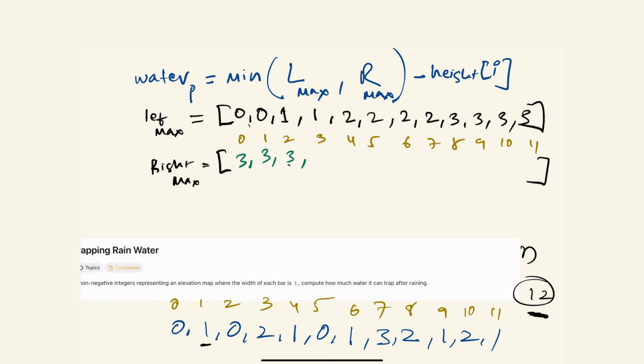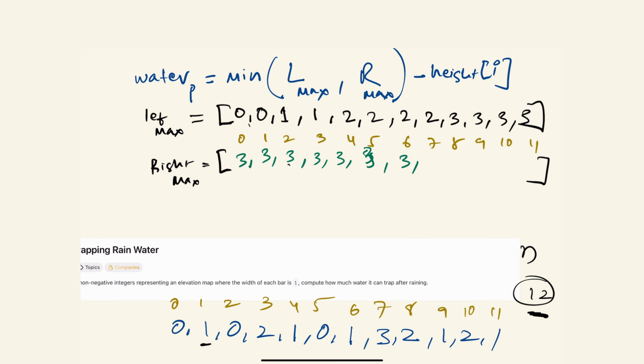Third index, right now we are here, still it is 3. Fourth index, still 3. Fifth index, still 3. Sixth index, still 3.